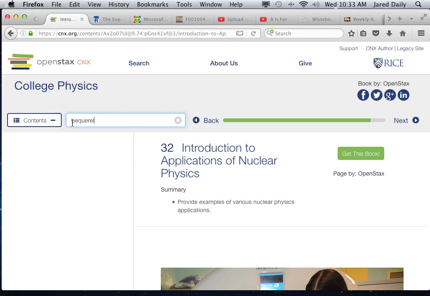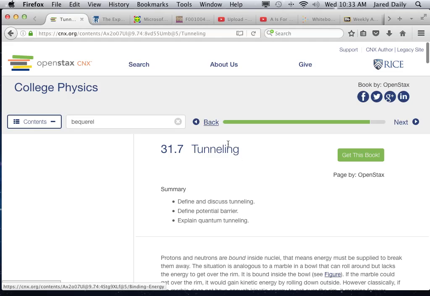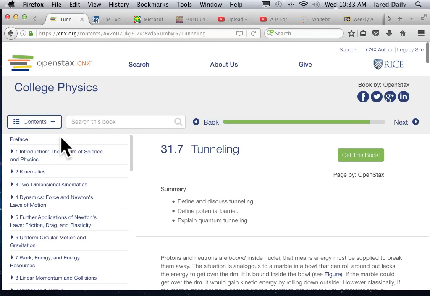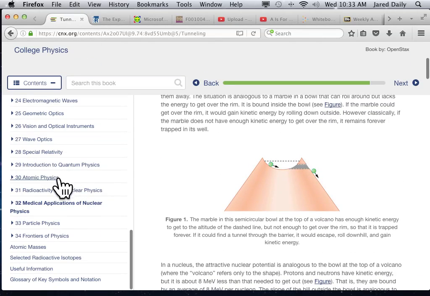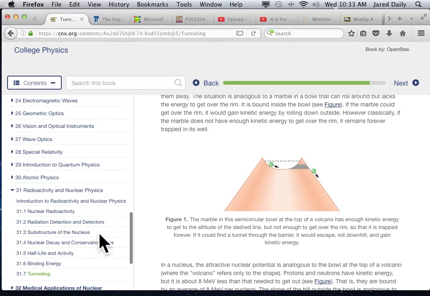Is it searching? All right, let's go back to just finding it this way. Becquerel will be here probably.